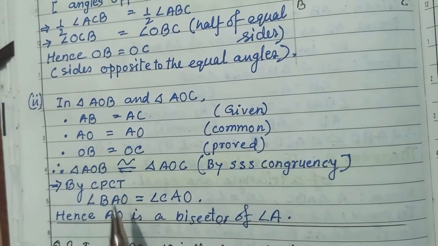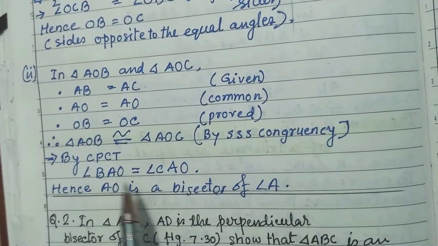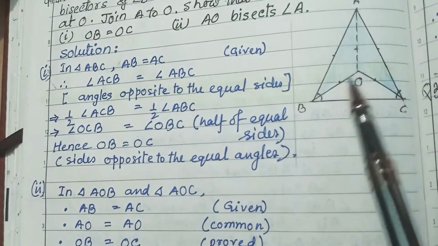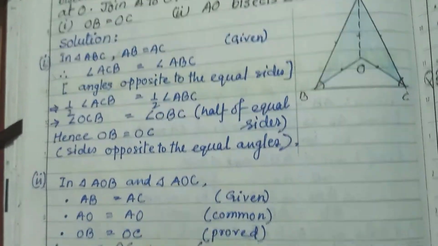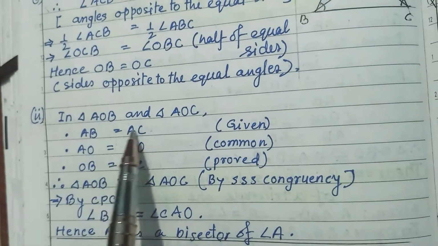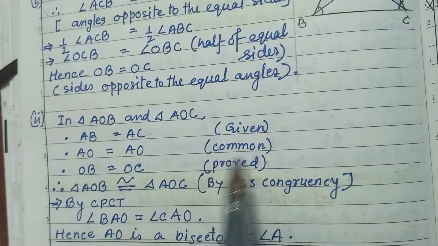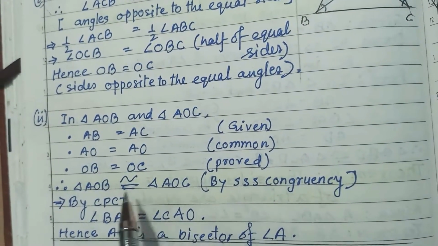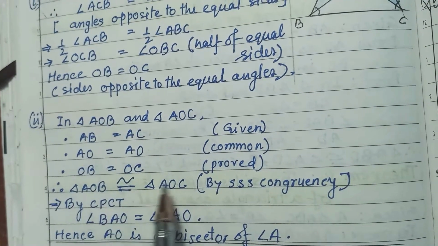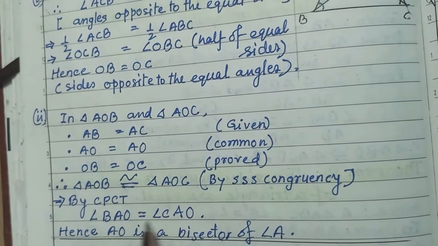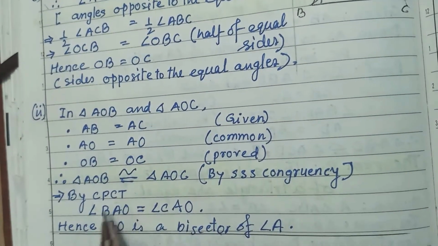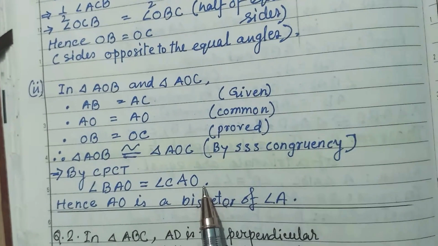Therefore, by CPCT, angle BAO is equal to CAO. Bisecting is like buy one get one free: you only have to give the reason, and the bisection follows, so you can write it easily.